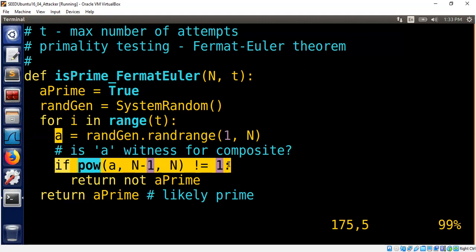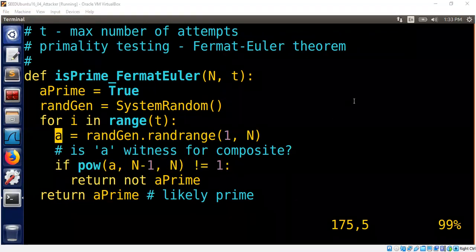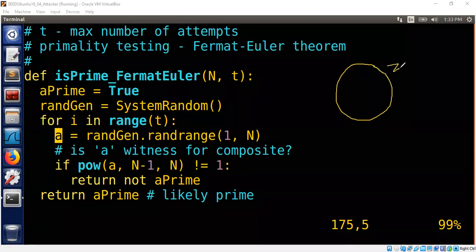So let me explain what I mean by this more graphically. Suppose I draw a circle, close to a circle. This is Zn. It is made of numbers from 0 through n minus 1. I'm going to put a subset here.